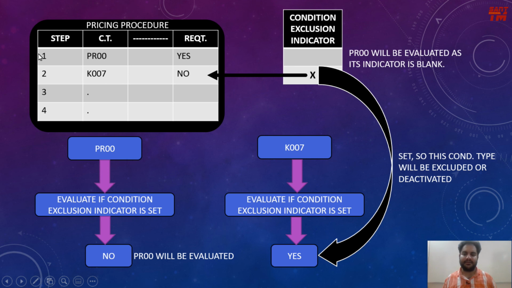If the requirement is yes, then this condition type will work. This is how the SAP system will select out of multiple conditions using this arrangement. Each condition type would be evaluated for the condition exclusion indicator. Depending on whether the answer is yes or no, the necessary action would be taken. If the indicator is set, that condition would be excluded. If the indicator is not set, if it is blank, that condition would be evaluated. So this is the whole summary of how the SAP system will work with it. I hope you have got the point clear.